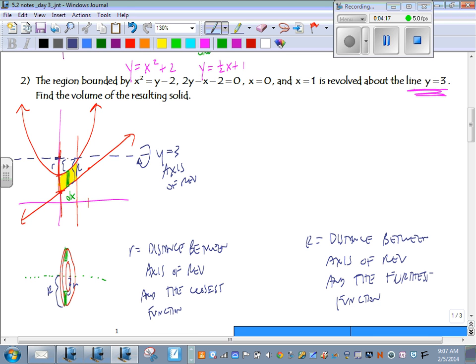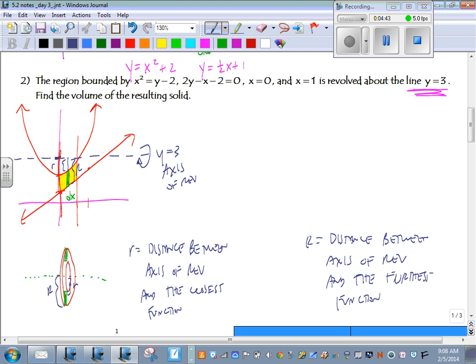Now, before, it was easy when the axis was just the x-axis or the y-axis. We just used the function by itself because really there was no other reason not to. It was the function y value or the function x value minus 0 because we're going to the axis. But now, when we're finding this distance between the axis of revolution down to the rectangle, we have to subtract.